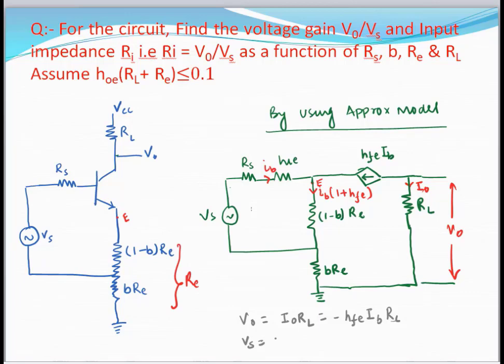So we can write Vs is equal to IB RS plus IB hie plus (1 plus hfe) IB (1 minus B) RE.